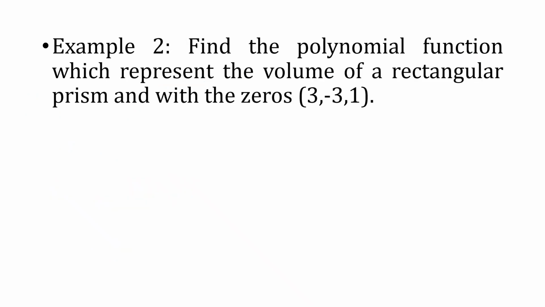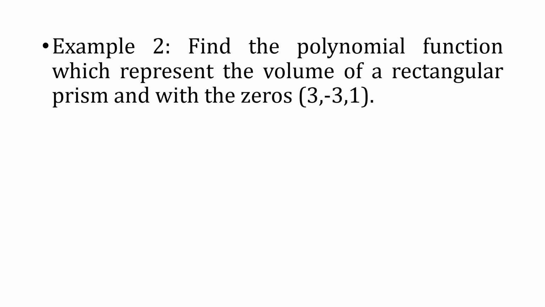Example number 2. Find the polynomial function which represents the volume of a rectangular prism and with the zeros 3, -3, and 1. Now to solve this problem, we're going to find the function representing the volume of the prism. We use the formula of V sub rectangular prism is equal to length times width times height.